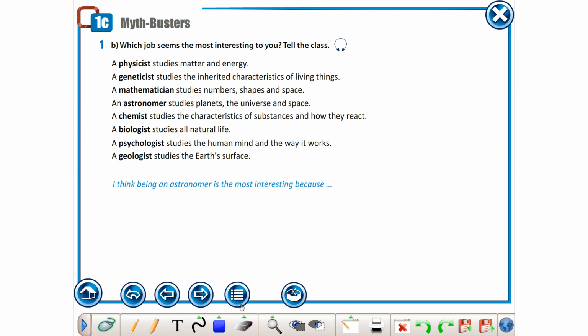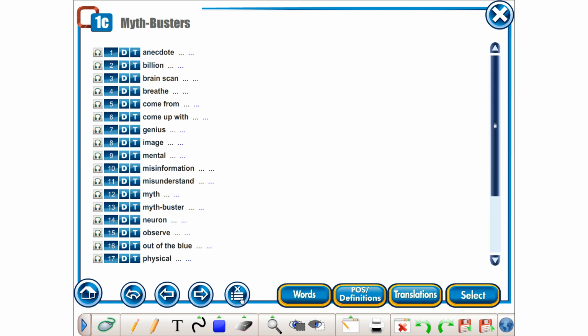As usual, we are going to work with our new keywords and phrases. Please open your dictionaries. Write down Module 1, 1C, Mythbusters. Listen, write down, and repeat. Anecdote. Billion. Brain scan. Breathe.